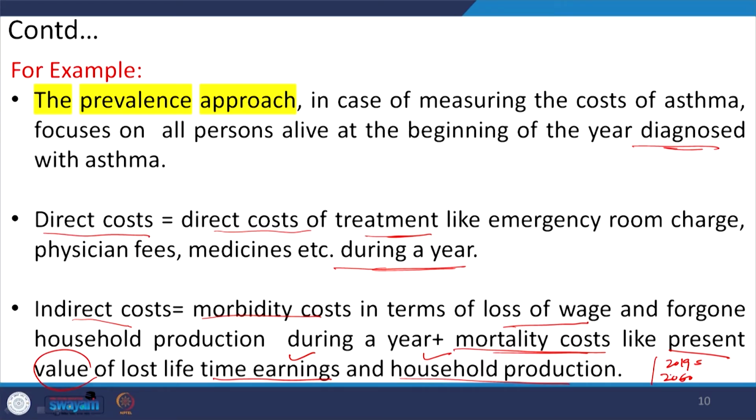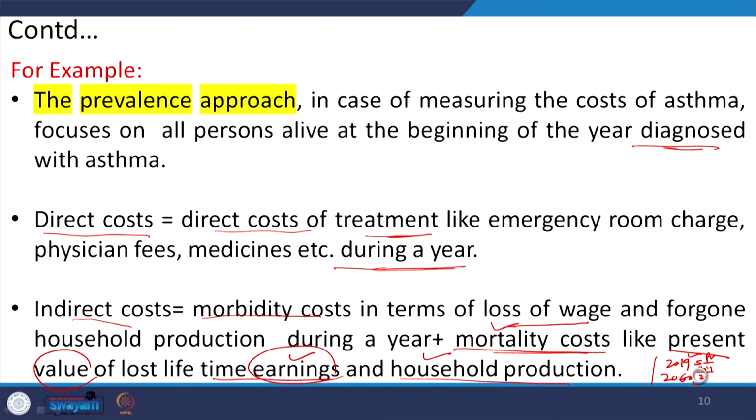So, based on this understanding, in order to find out the mortality cost, we can say what are the earnings the person has lost from 2019 to 2060, and we need to express these earnings in terms of the present value for the first period, 2019.